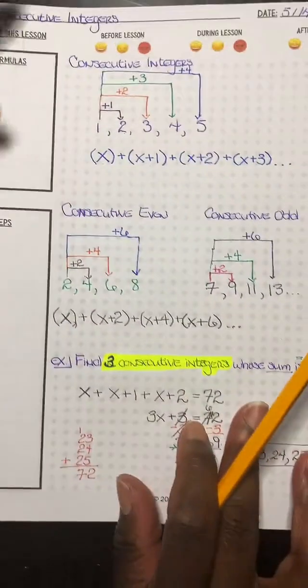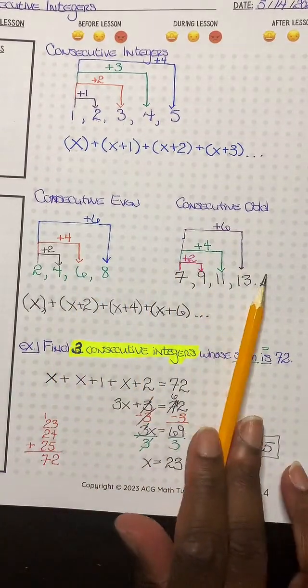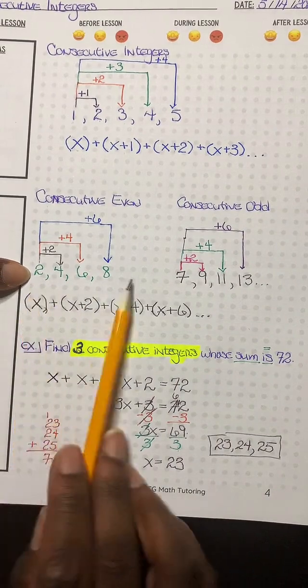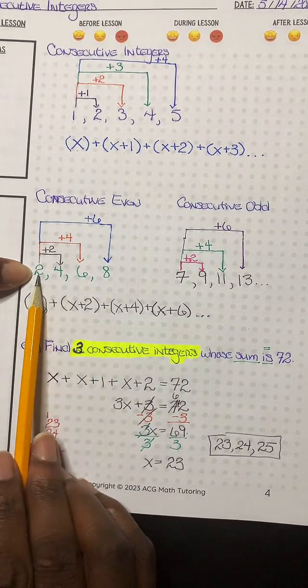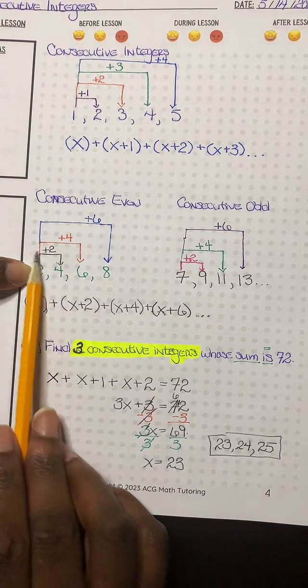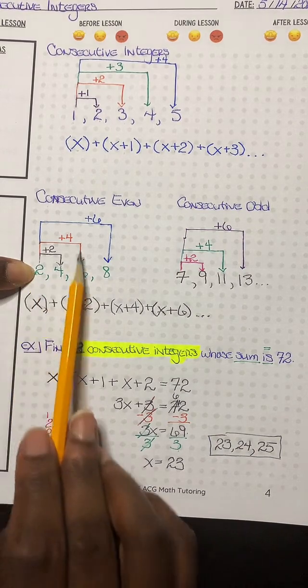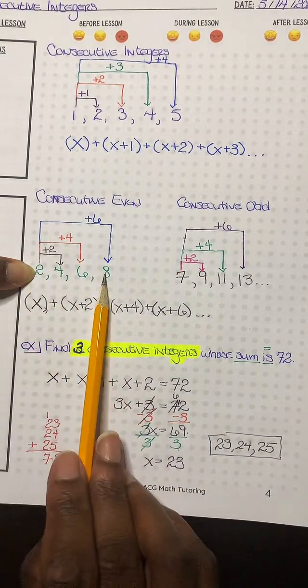If we did consecutive even or odd, it doesn't matter. It's going to be the same process. So consecutive even numbers 2, 4, 6, 8. If I start at 2 to get to 4, I got to add 2. If I start at 2 and want to get to 6, I got to add 4. If I want to start at 2 and get to 8, I want to add 6.